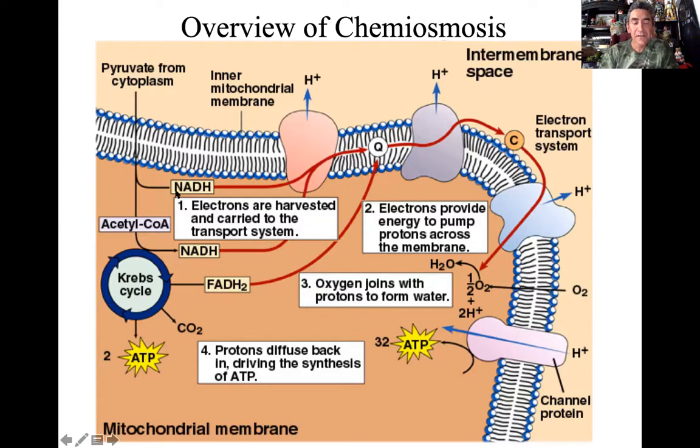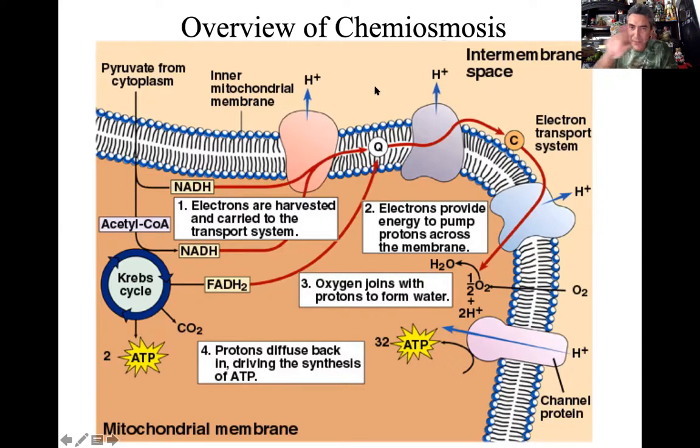Now, all these NADHs then move to the electron transport chain. They give up their electrons in that redox chain, that hot potato game. Electrons are going to flow through the membrane, while hydrogens are moved across the membrane back to the cristae.